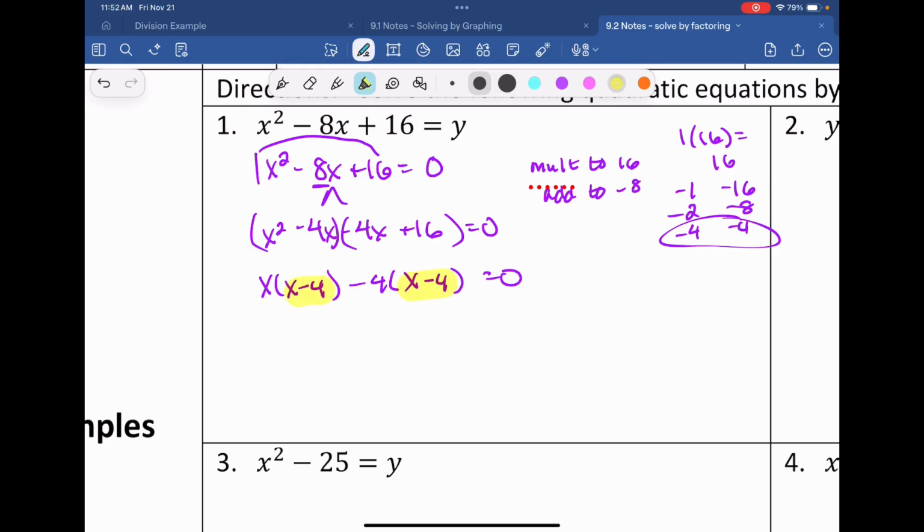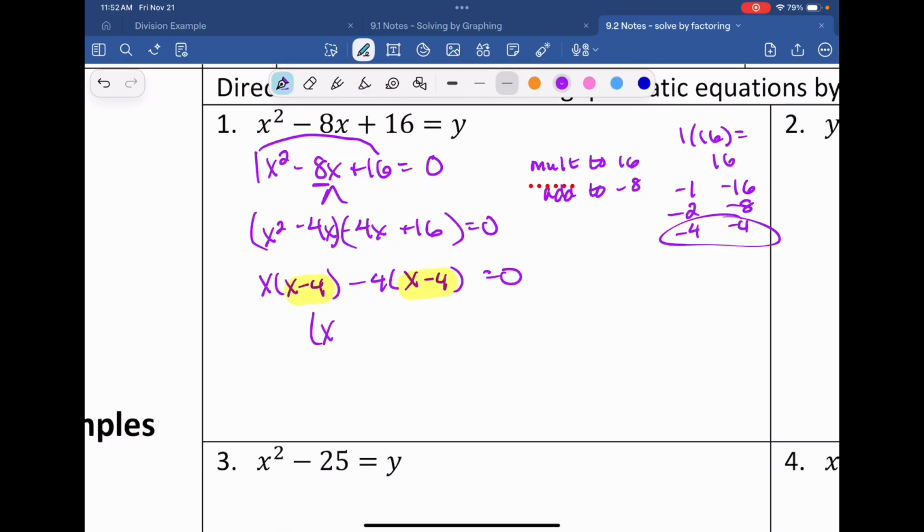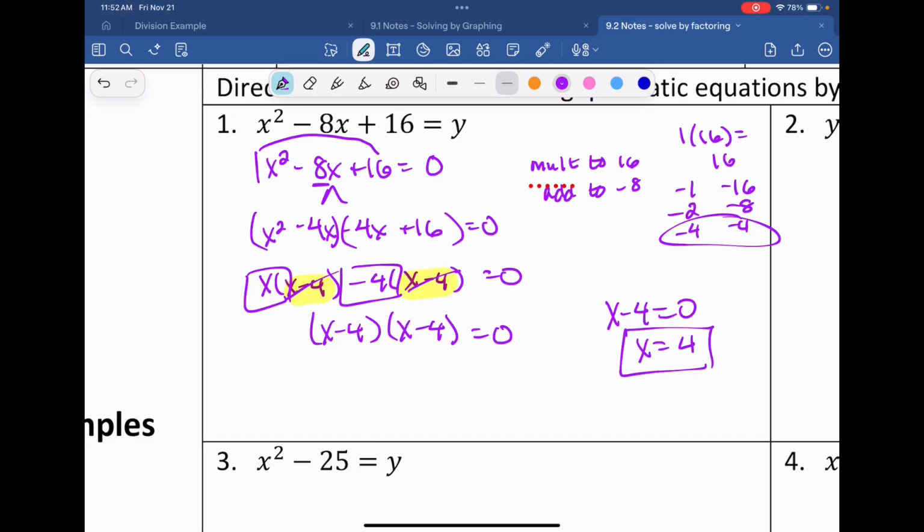Common binomial. Whatever is left. So this is a repeated factor. So when it is repeated, you only have to solve it one time. Our x-intercept, solution, root, 0, is 4.